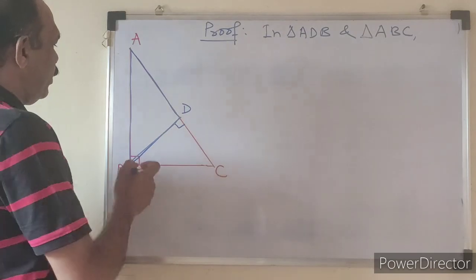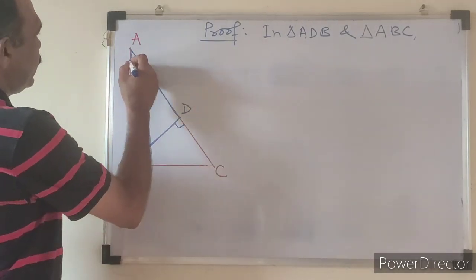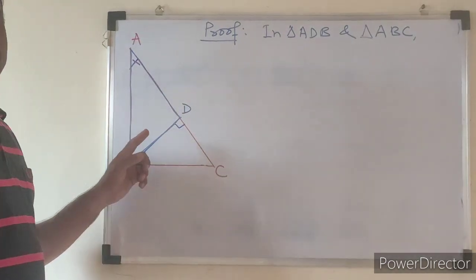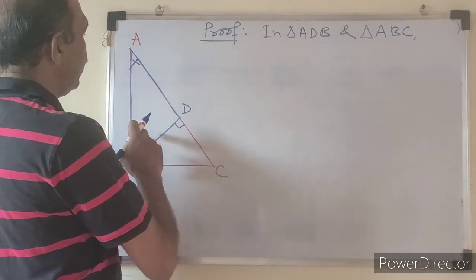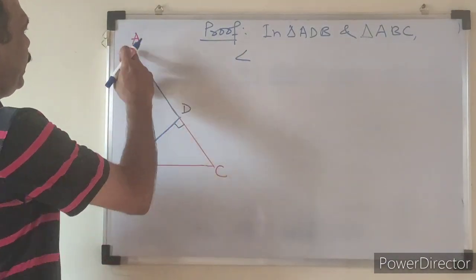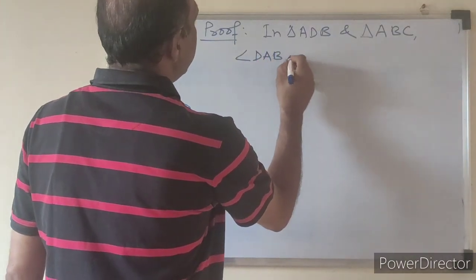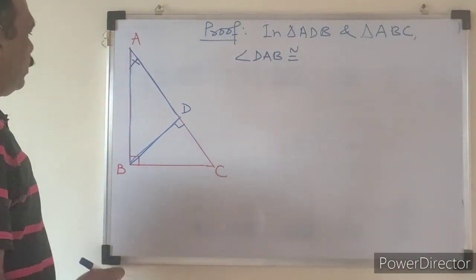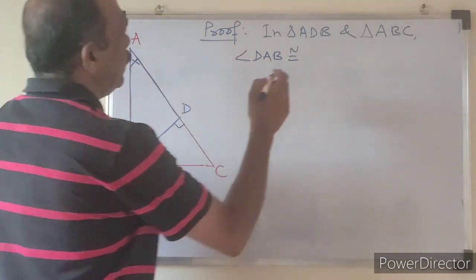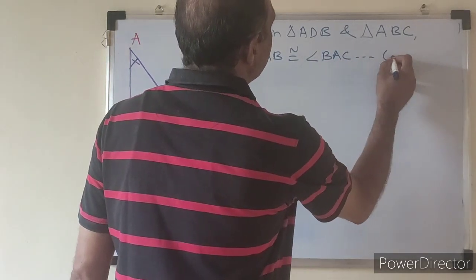Now see here, in triangle ADB and ABC, this angle A is common to both triangles. So therefore we will write angle DAB congruent to angle BAC. So common angle.